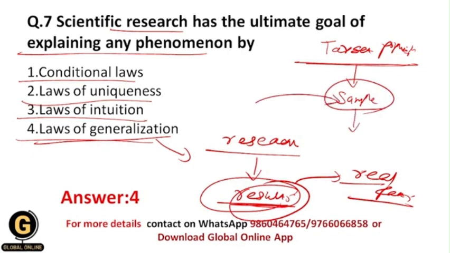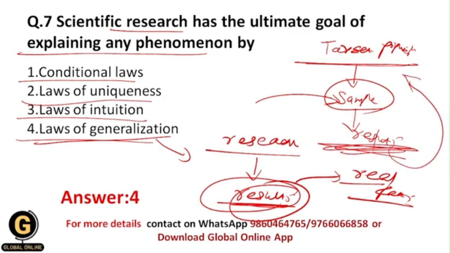We get the results from these samples, and we apply these results to the target population, because our aim of the study is what? The target population, not the sample. That's why we apply the conclusion of these results to the target population.